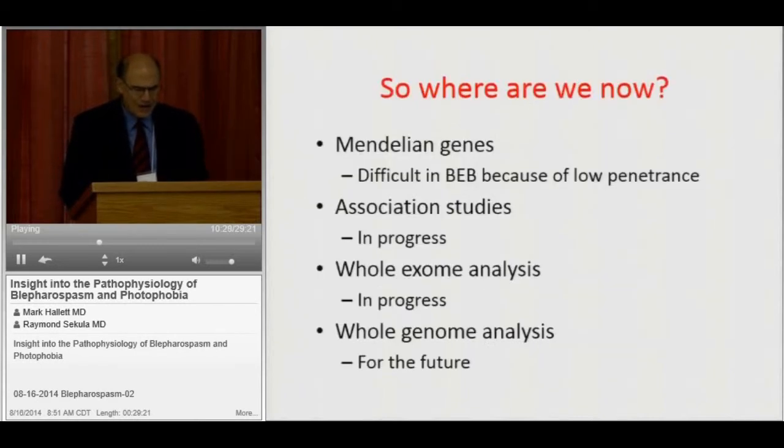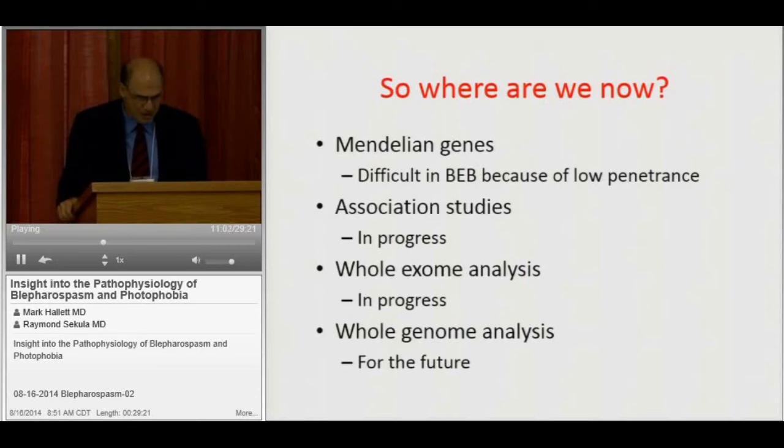So where are we now? We haven't found any formal Mendelian genes, ones that have very strong influence in producing blepharospasm. There's an attempt to find risk genes. Risk genes are sought for in association studies. You may hear the term genome-wide association study, or GWAS, and GWASs or association studies are being done looking for risk genes.